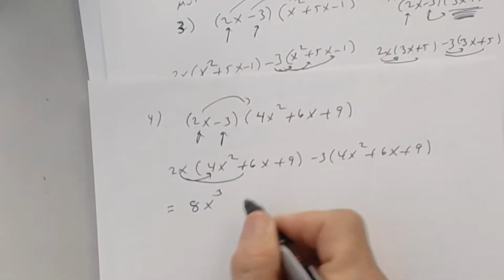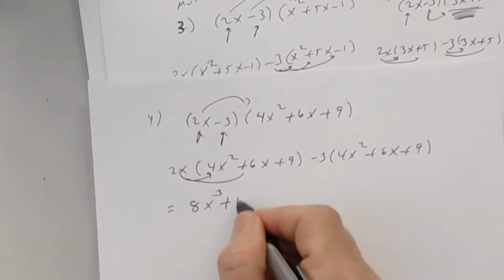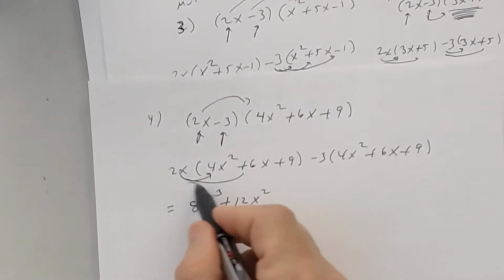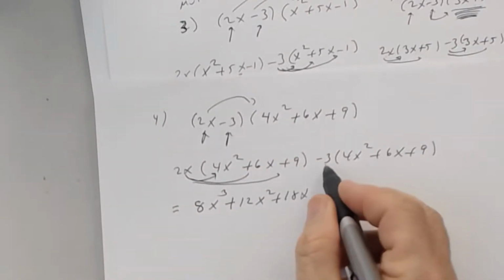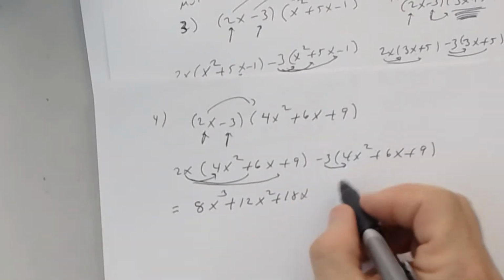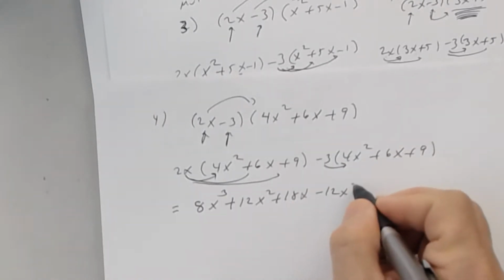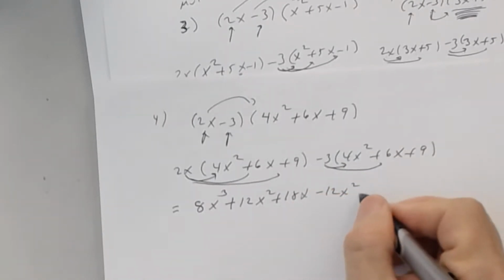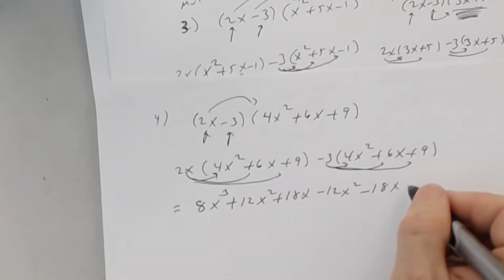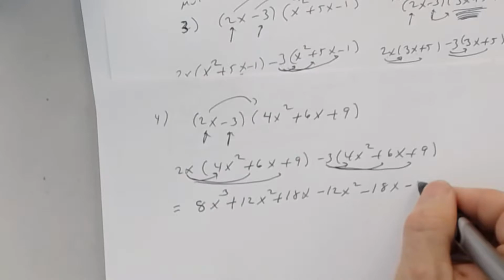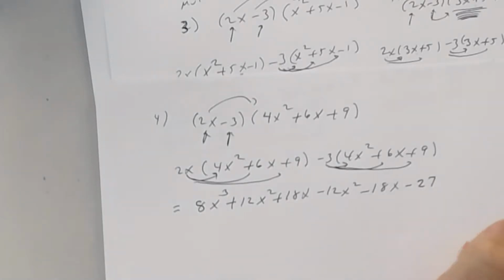What's 2x times 6x? 12x squared. What's 2x times 9? 18x. What's the negative 3 times 4x squared? Negative 12x squared. What's the negative 3 times 6x? And what's the negative 3 times 9? Negative 27. Okay. All right, so that's where I'm at.